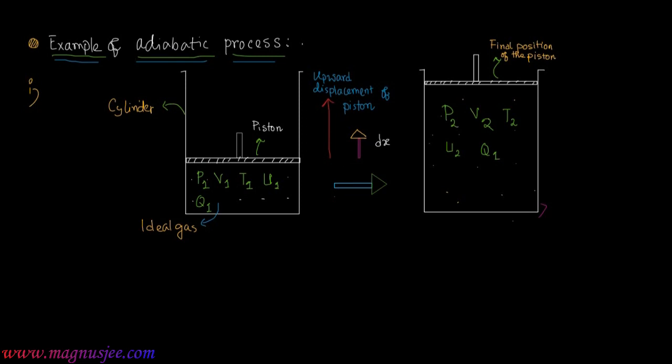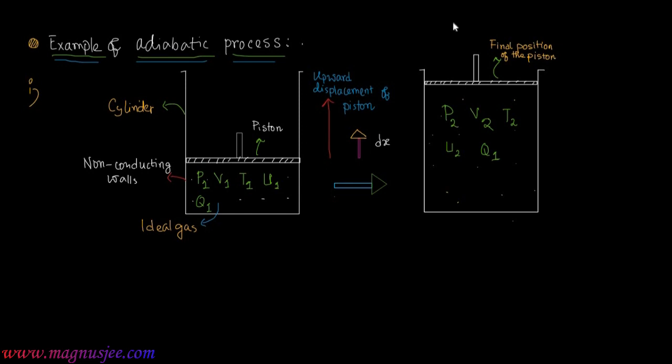This is the direction of upward displacement of the piston due to adiabatic expansion, and the walls of the cylinder are non-conducting. These walls should be non-conducting so as to prevent any exchange of heat energy between the thermodynamic system and its environment.